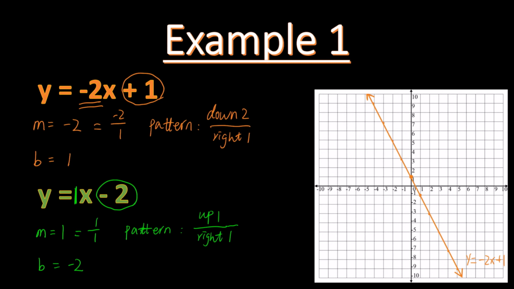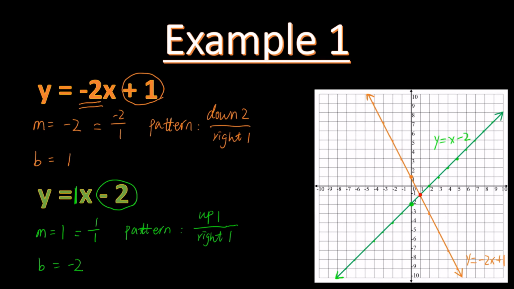We start at the b, so we find the negative 2 on the y-axis, and follow the pattern up 1, right 1, up 1, right 1, up 1, right 1, and try to find as many points as you can. Then we connect those points and write the equation next to the line.